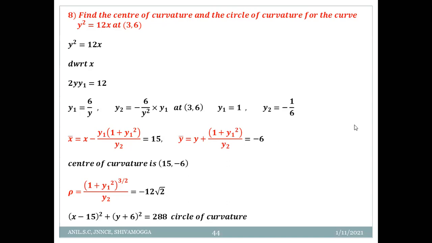First consider y square is equal to 12x. Find first and second order derivatives with respect to x.